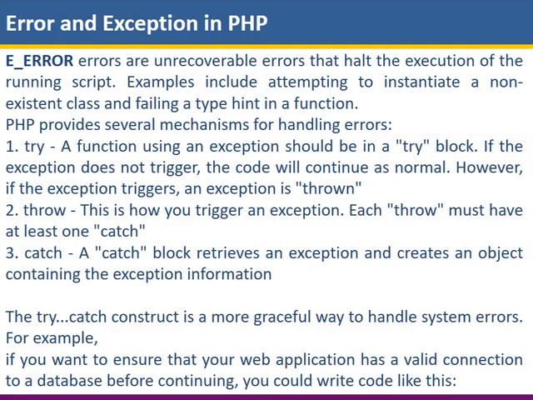So this type of error is a fatal error, unlike the previous errors, which are non-fatal runtime errors. In E_ERROR, we call it a fatal error because it will surely stop the script immediately. It stops the execution of the running script because the error is fatal.